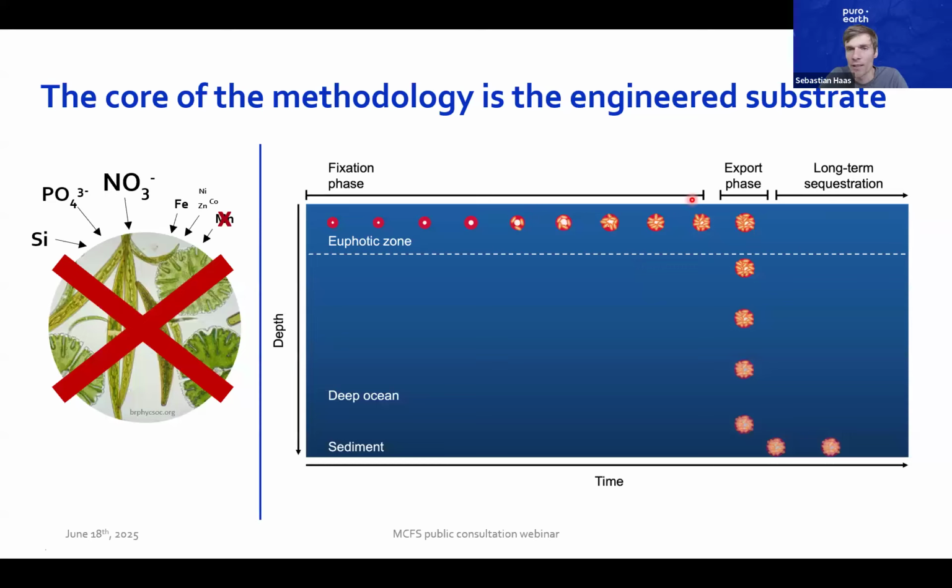After this fixation phase, the density of the substrate will change and increase, which will lead to the export phase, which will lead to the sinking of the substrate along with the microalgae that has grown on them, exporting the biomass containing carbon fixed by photosynthesis into the deep ocean where it can stay for long-term sequestration.